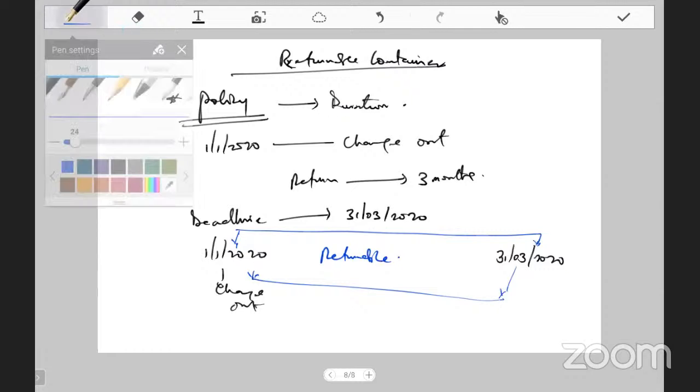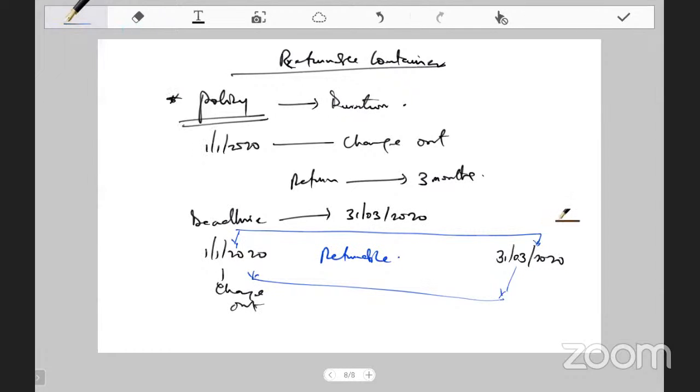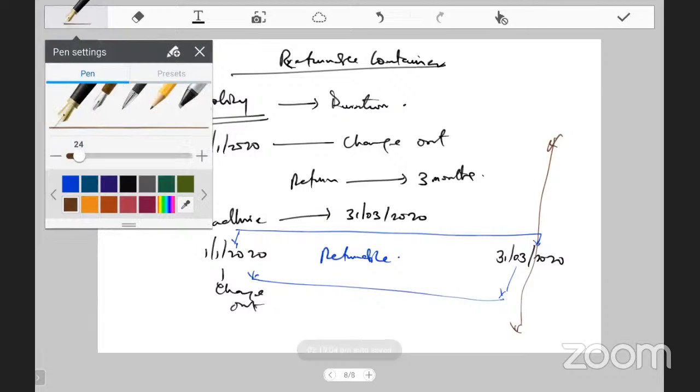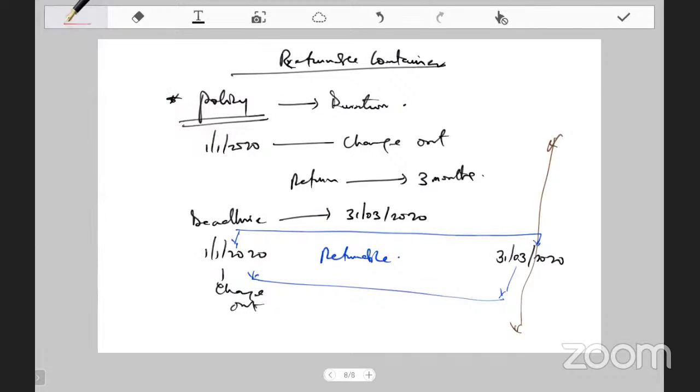Now, where am I going? Anybody that fails to return the container on this day, such container in the hands of the customer will be referred to as what we call retained. So I'm introducing another term. If any container is not returned within the stipulated period, such container will be defined as a retained container.